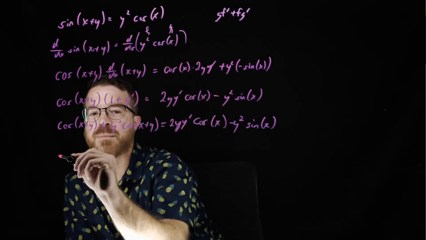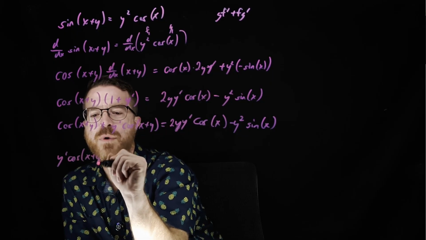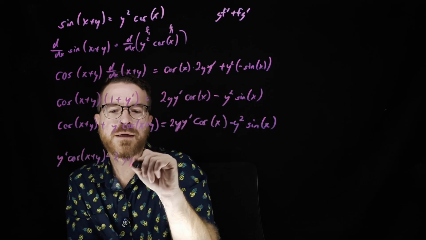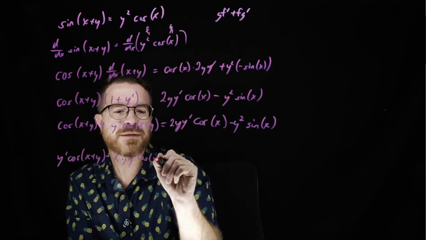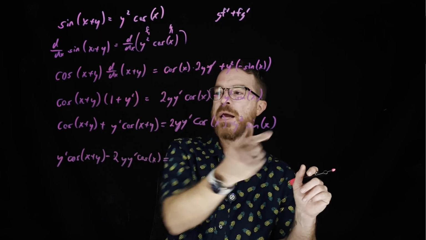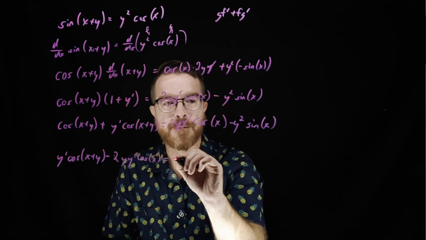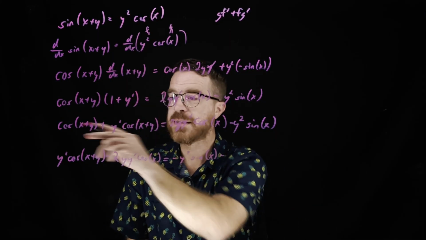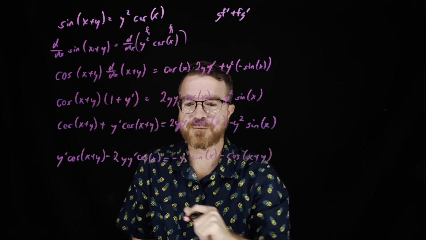So this side is going to be y prime cosine of x plus y minus 2y prime cosine of x equals. So now I have this term left over here, and I'm going to subtract cosine of x plus y. So this is going to be minus y squared sine of x minus cosine of x plus y.